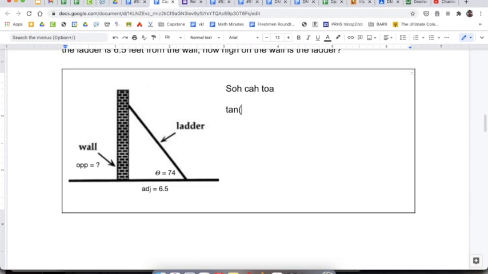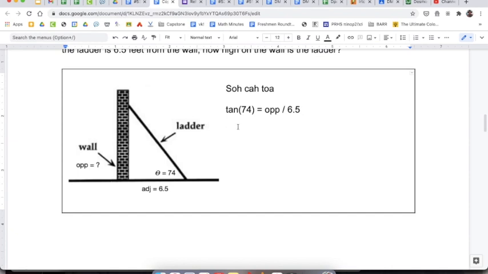So tangent of 74 equals opposite over adjacent, but I have the adjacent and I'm looking for the opposite. So I guess my first step should be to figure out what tangent of 74 is, using my handy dandy calculator, making sure that it is in degree mode first.